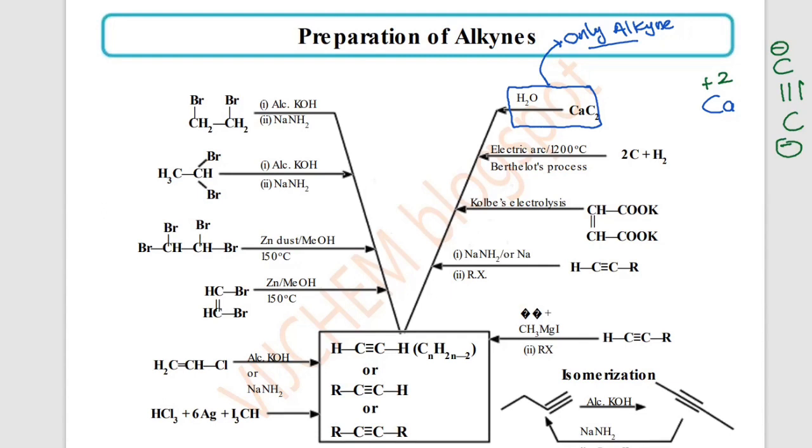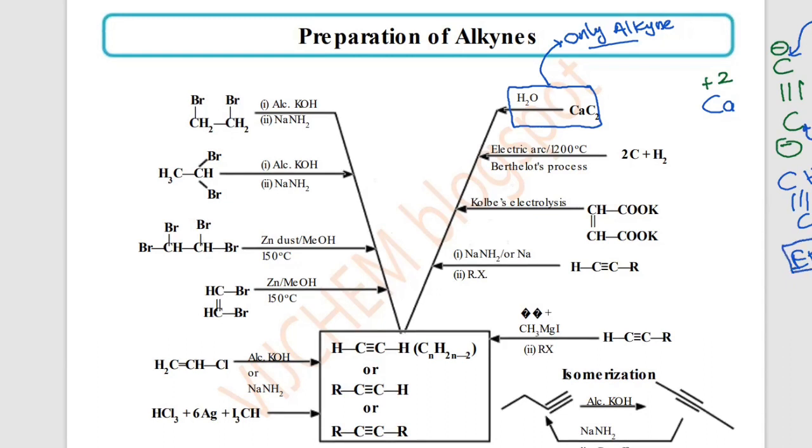So when it reacts, obviously the positive charge should be 2 units. This will go and attach here, this will go and attach here, giving HC triple bond CH. So this is how ethyne is prepared.